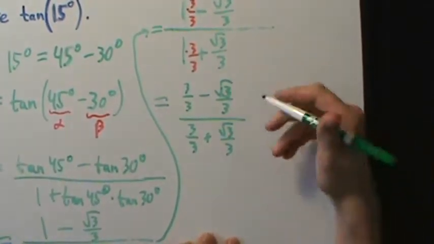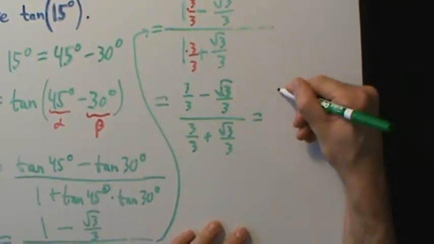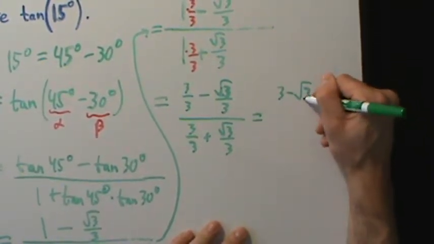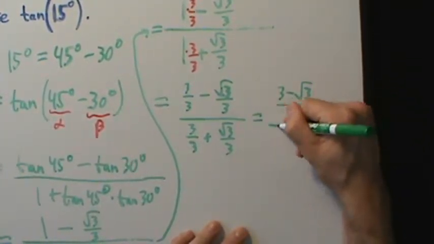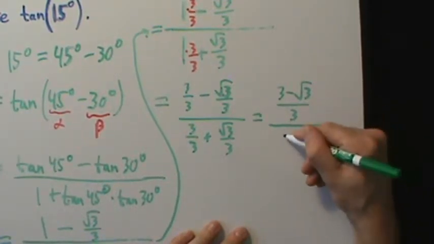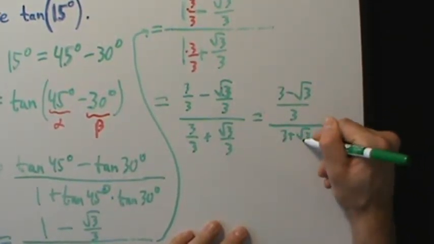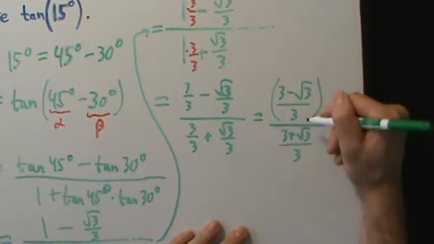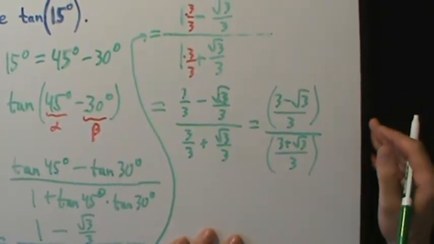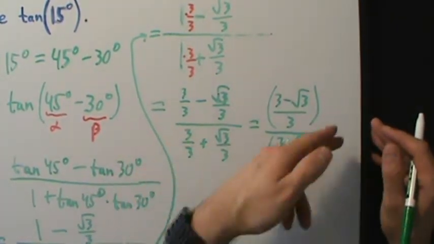Now that we have those common denominators, this equals 3 minus root 3, all divided by 3, and that's divided by 3 plus root 3, all divided by 3. So this thing on top divided by that thing on bottom. When you divide by a fraction, it's like multiplying by the reciprocal.